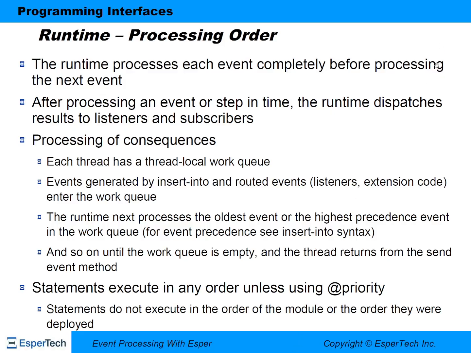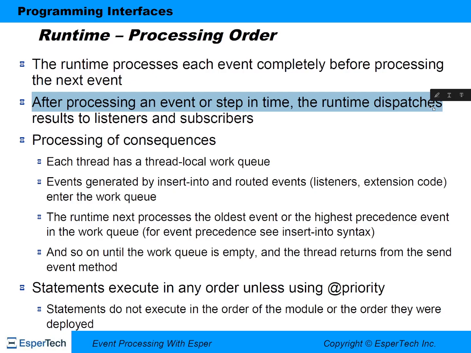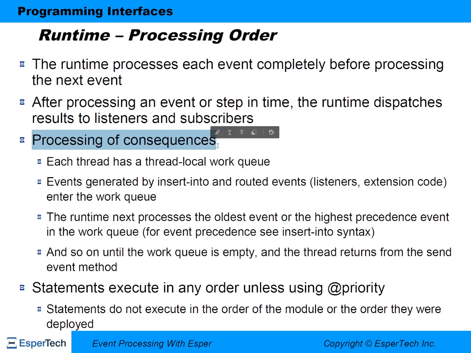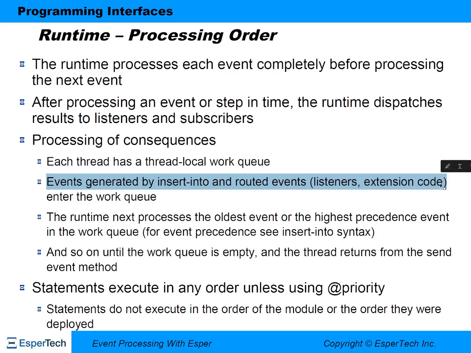The runtime processes each event completely before processing the next event. After processing an event or step in time, the runtime dispatches results to listeners and subscribers. Processing of consequences after processing an event works like this. Each thread has a thread local work queue. Events generated by insert into and routed events, from listeners and extension code, enter the work queue.